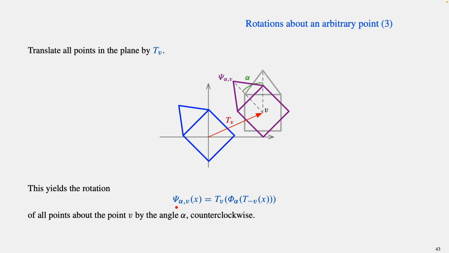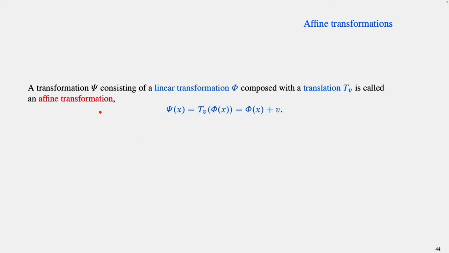So the affine transformation psi alpha v applied to x, which should rotate any point in the plane with center of rotation v, is: first we move the center of rotation to the origin by applying the translation t index minus v, then we rotate about the origin, and then we move the center of rotation back to the original point v. And I used the term before now: a transformation psi consisting of a linear transformation phi composed with a translation t index v is called an affine transformation.